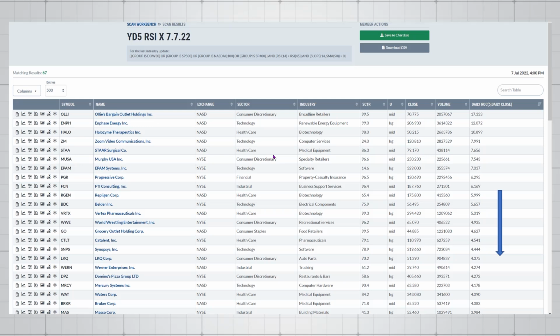Energy, technology, different areas of the marketplace. Look at the scores, very, very high, 99, 98. But the outlier, Zoom, we're going to take a look at that chart in a minute also. So let's go ahead and begin our chart work.